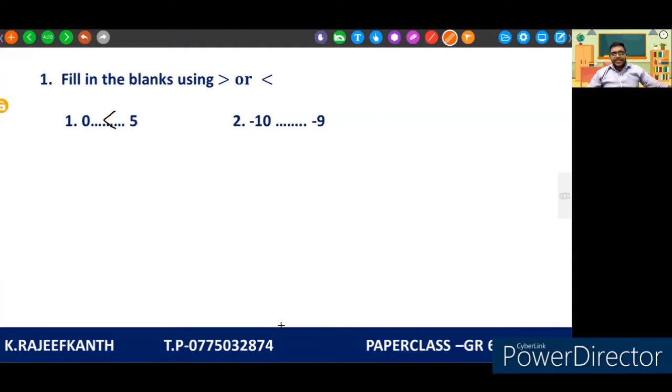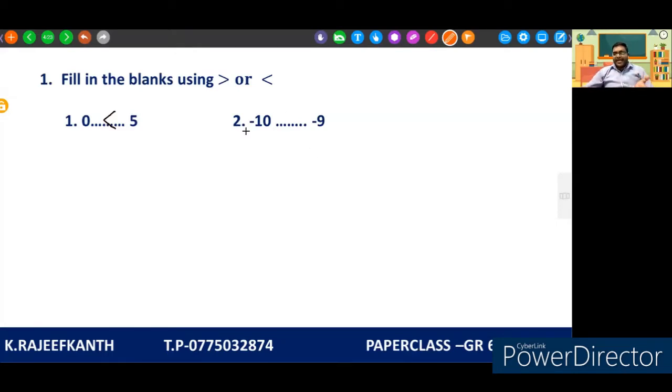Here's the second question, -10 and -9. Now you have to think of the number line. When you are moving from left to right, the value will increase, right? So by using that number line, we can compare these two numbers and find which is the greater one. We know that -9 is the greater one.